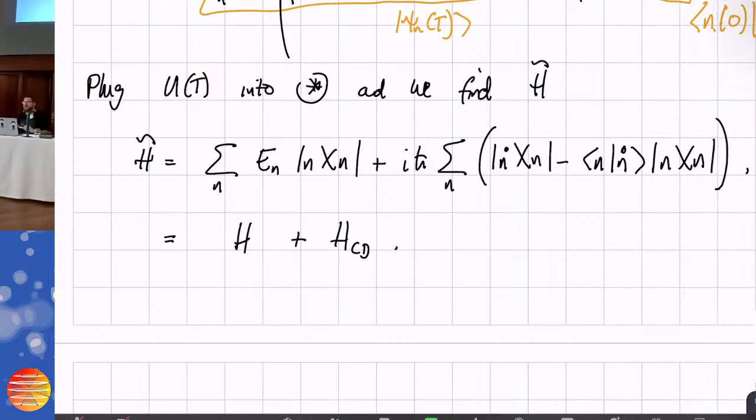There have been papers that have come afterwards. I can write down a term very similar to this counter-diabatic term, H_CD, that accounts for the fact that there are degeneracies. It's only very slightly different. I personally haven't really worked on it at all.